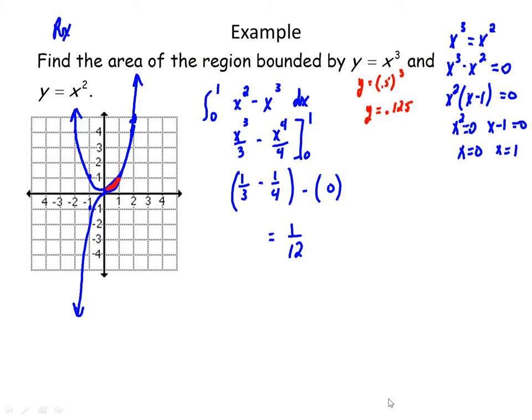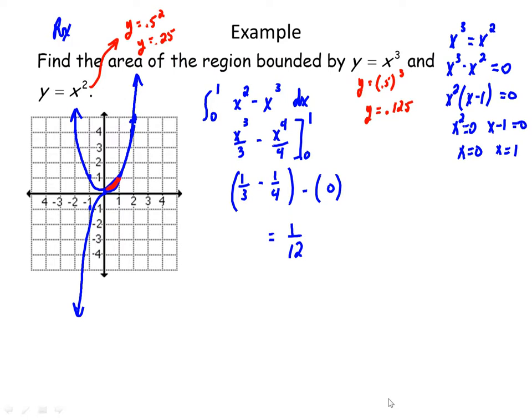If we take this one and we plug in 0.5, we're going to get 0.25. Which number is bigger? 0.25. 1/4 is bigger than 1/8, right?